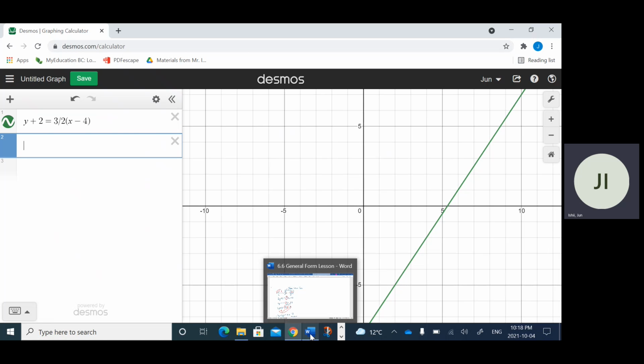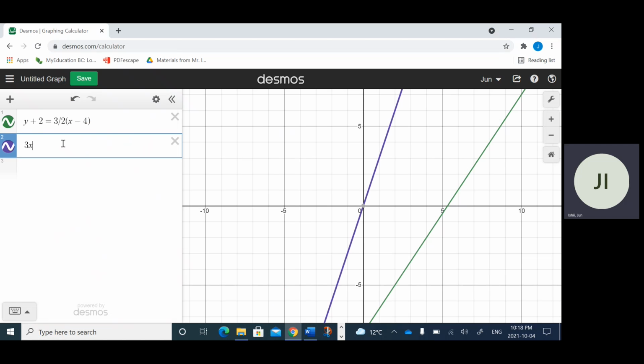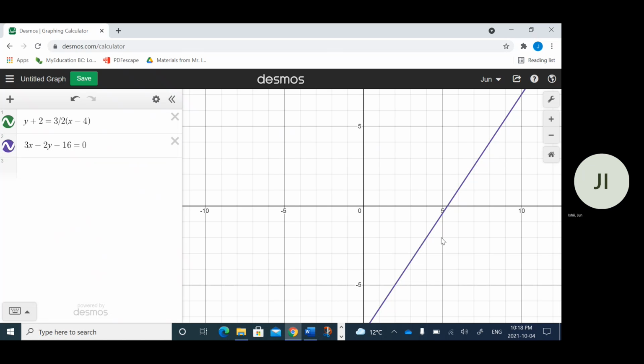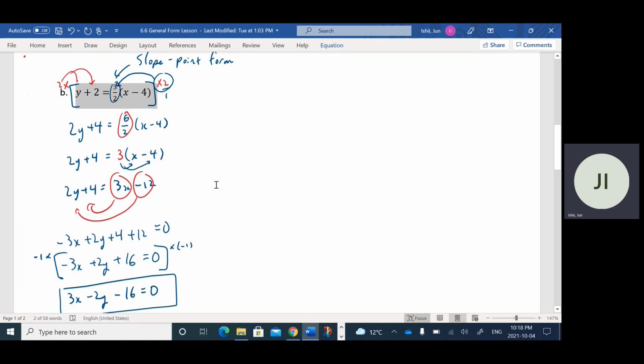And then below it, I'm going to punch in what we got as the answer. So 3x minus 2y minus 16 equals 0. What you notice is that the purple line now overlaps the green. If I toggle it on and off, you'll see that it changes the color. That basically means these are the exact same graph, just two different equations, two different forms.